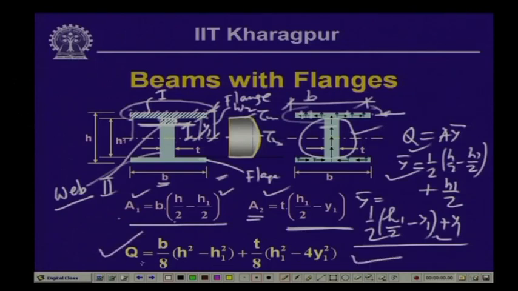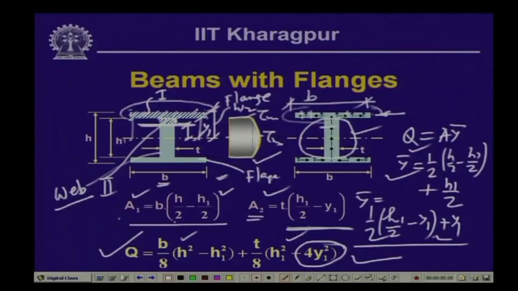Now, in this particular expression, you note that except for this y 1 square, everything else is constant. Hence, the shear stress varies with respect to y 1 in a parabolic manner, in a quadratic form of y 1.